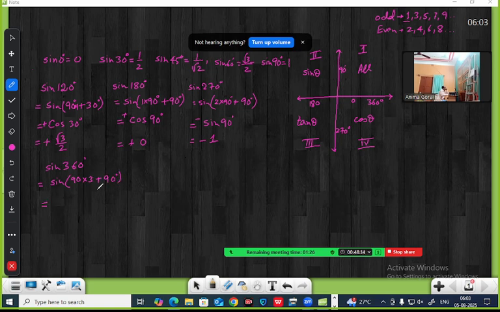Now here 3 is an odd number, so it will be cos 90 degree, and it is in the fourth quadrant. In the fourth quadrant, the sign is negative for sin, therefore it is minus cos 90, and cos 90 is 0, therefore it will be 0. Sin 360 is equal to 0. In this way, we can find all the values.